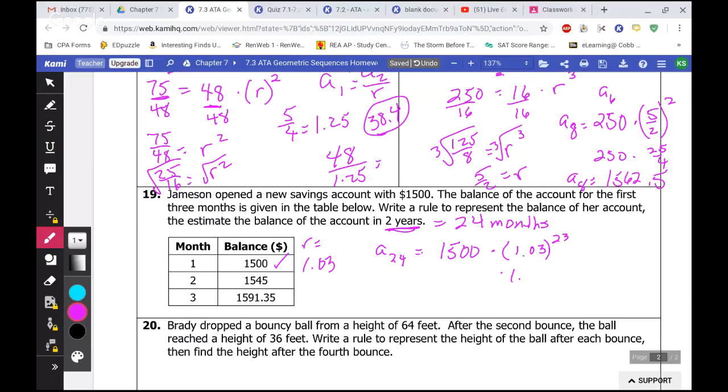This is some weird number like this. And it goes on. I still haven't figured out how to raise things to powers on my calculator here.